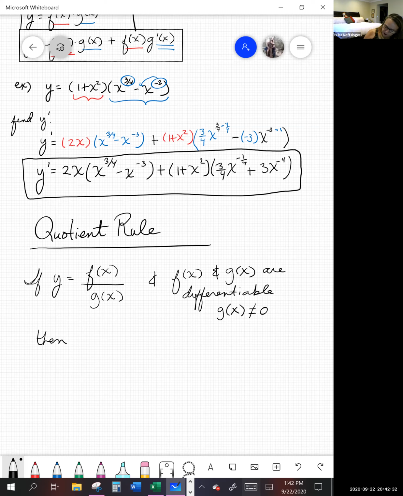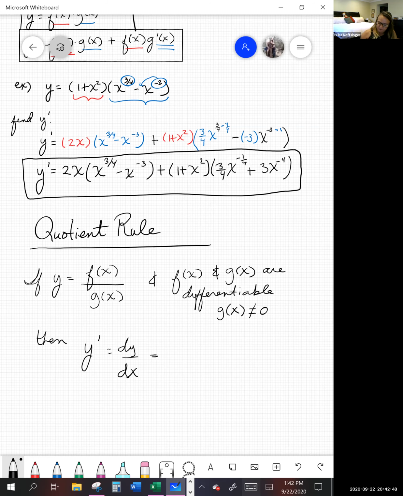the derivative of y, so I'm going to just say y prime, but we can say dy dx, is equal to, okay, so we're taking the derivative of the numerator.